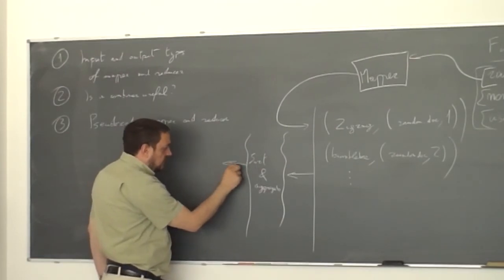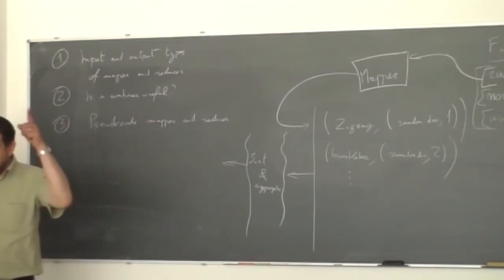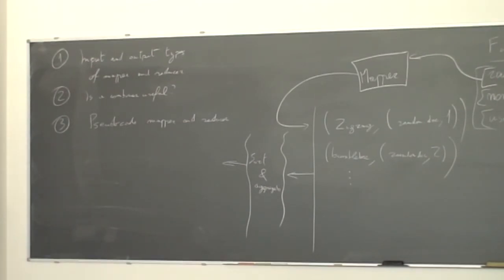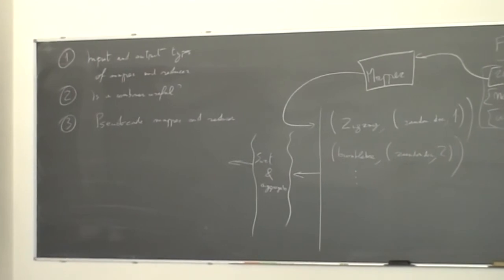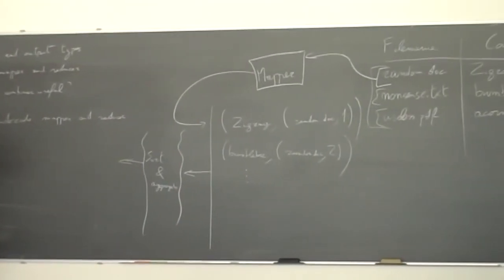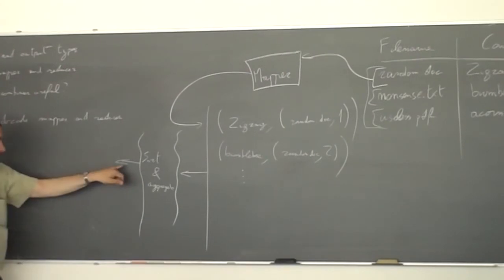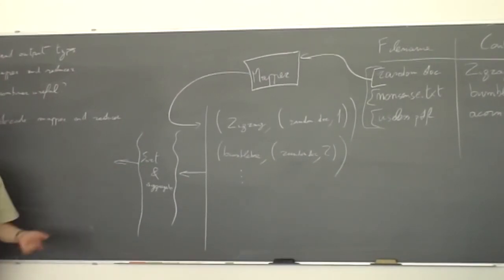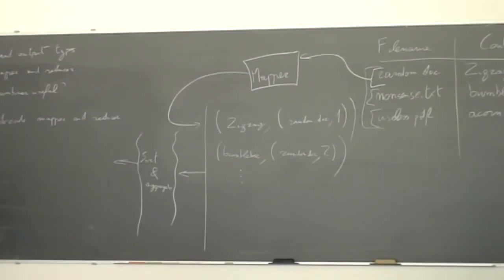From the sort and aggregate phase, new key value pairs will come up, in the form key and list of values.